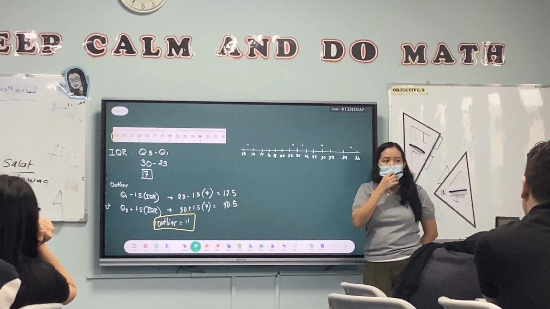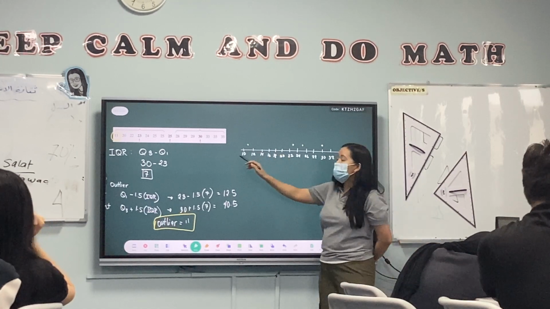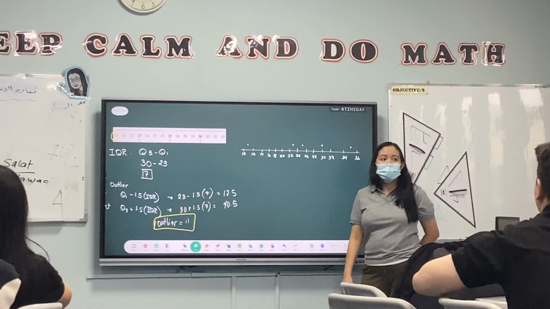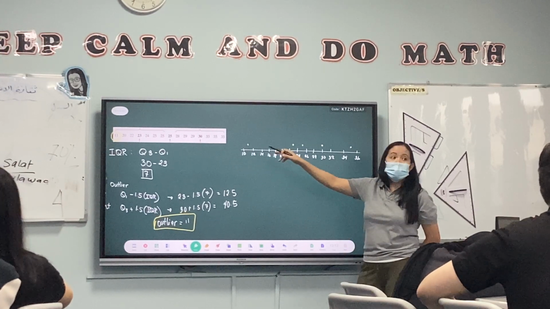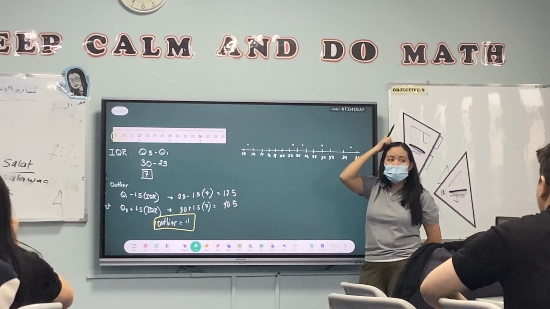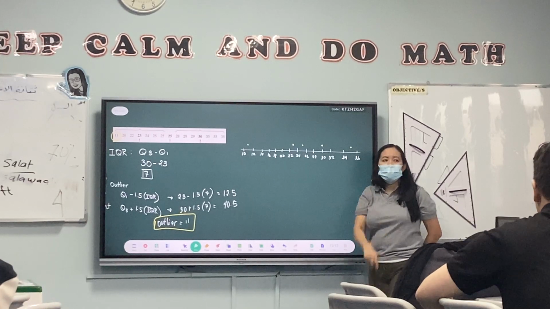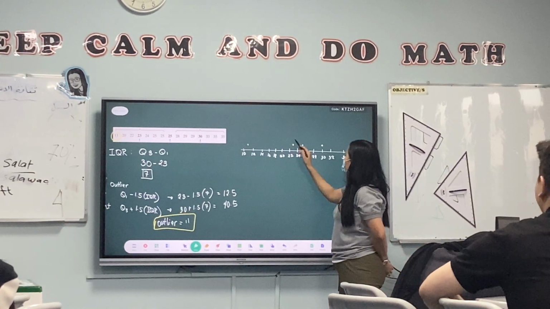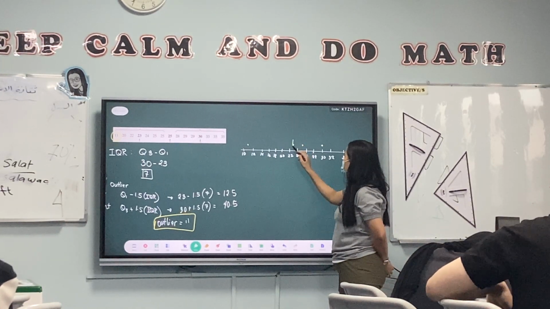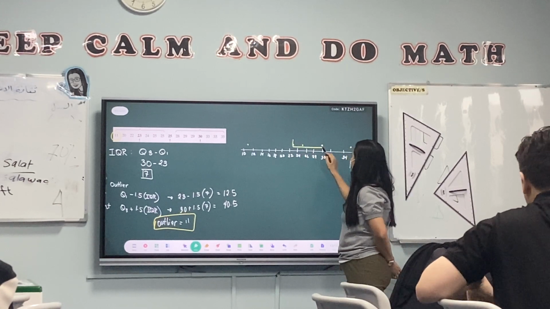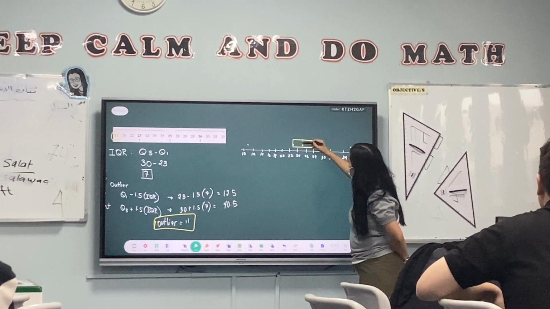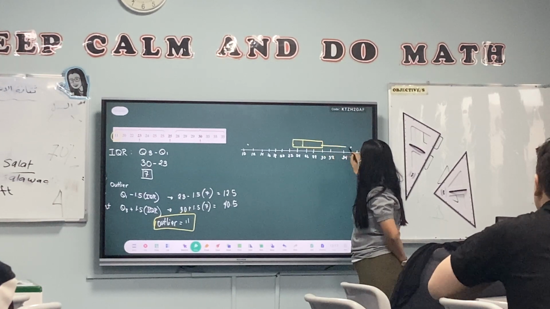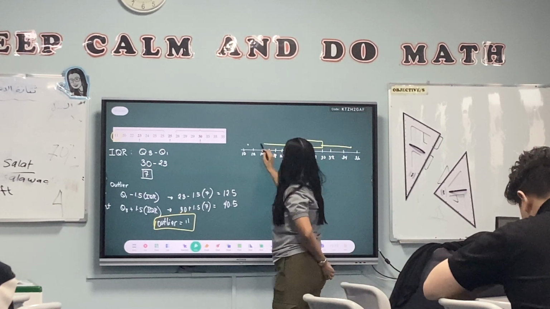Quartile 1, quartile 2. What is the smallest number? 11. So I just make it 10 and the interval is 2. Then, draw a box. Line, and then straight line, and then connect. And that's done.